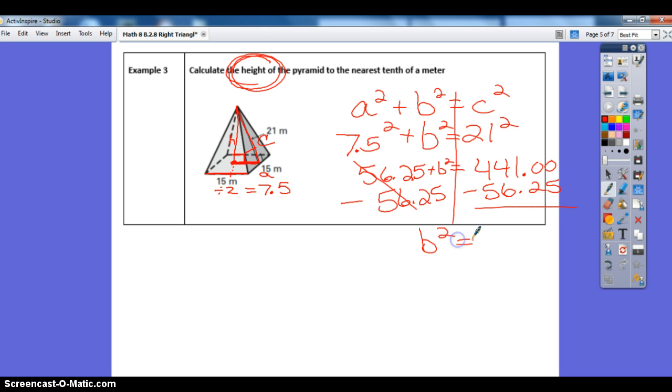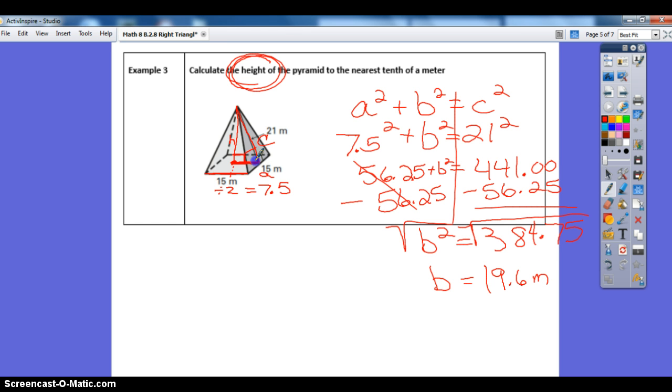B squared equals 384.75. Do I round here at this point? No, only round in your answer. So now hit your square root buttons. B equals, rounded to the nearest tenth, 19.6. 19.6 what? Meters.